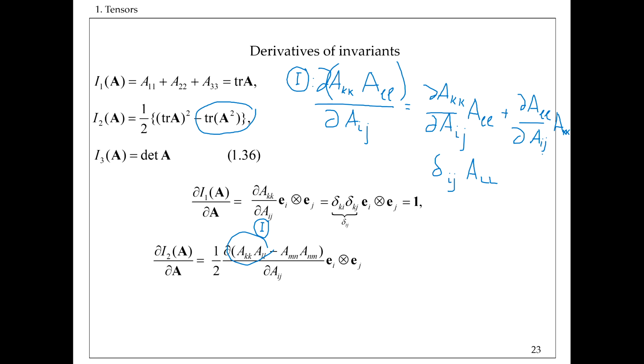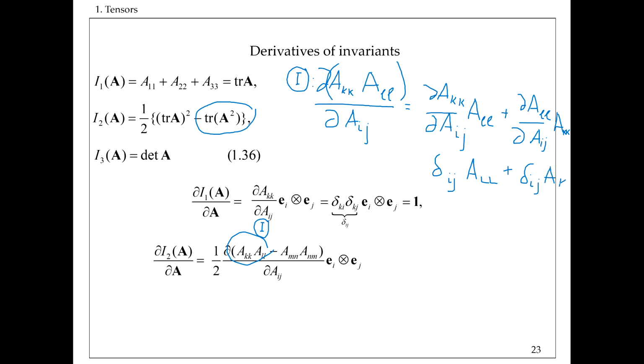And exactly the same thing will happen here too. We also have this delta ij multiplied by akk, but again all is exactly the same as akk, because they represent the trace as it was before.